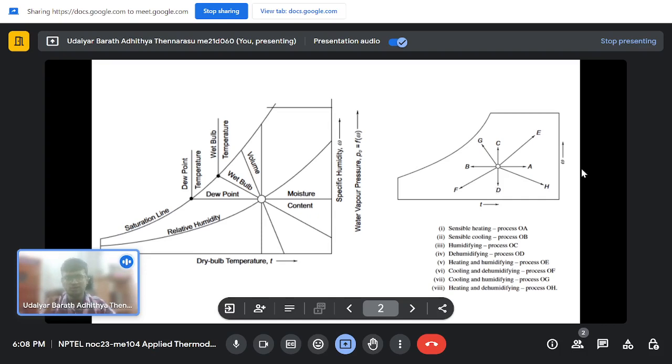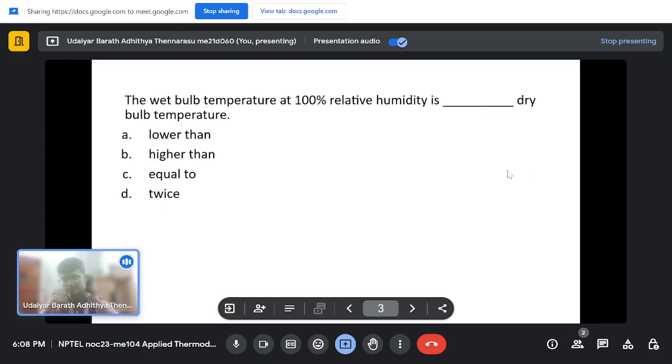OE is humidification with heating, like adding steam or something, and OH is dehumidification with heating. So these are the major processes which you will come across in a psychrometric chart. Moving on, we'll see some MCQs and numericals on the processes.